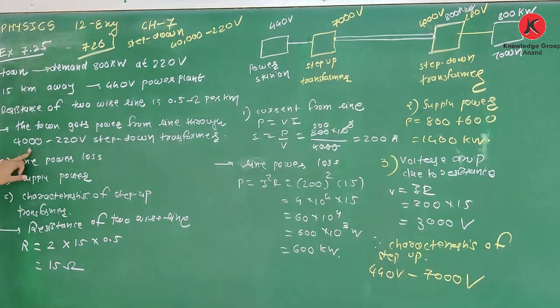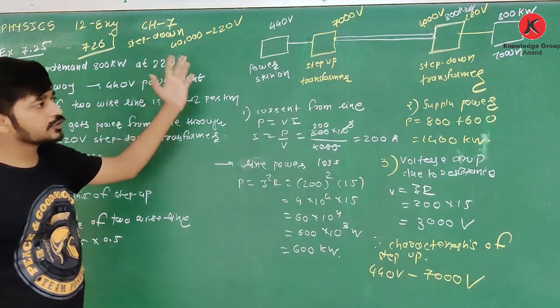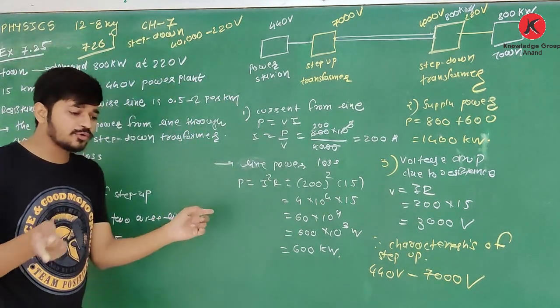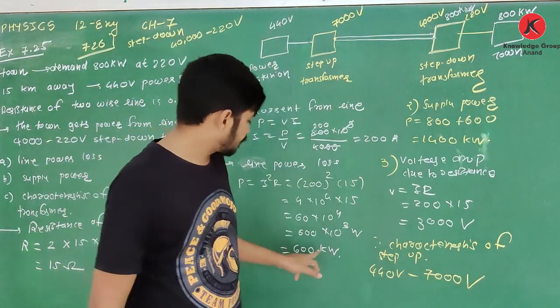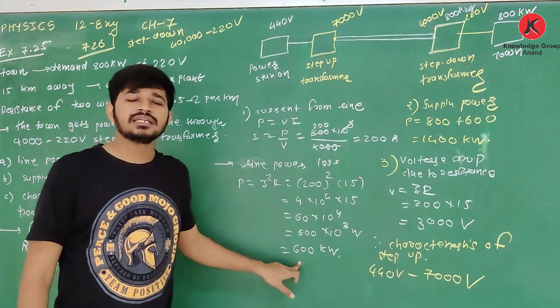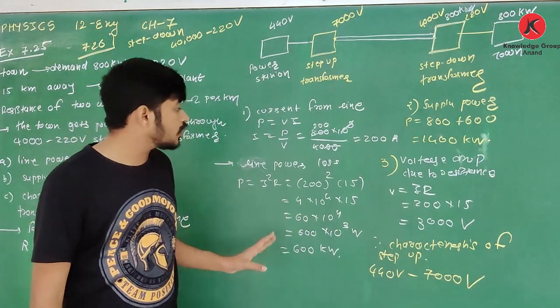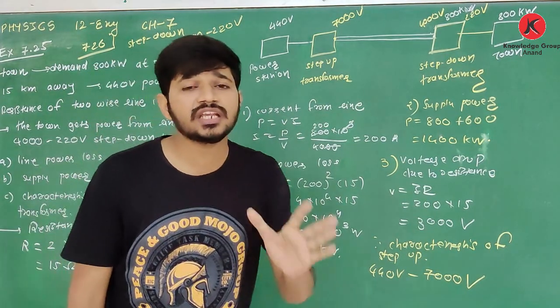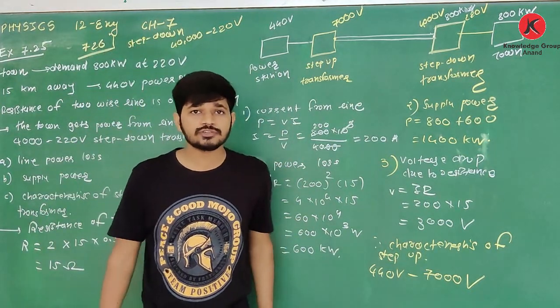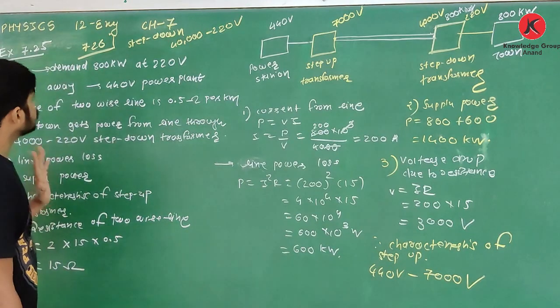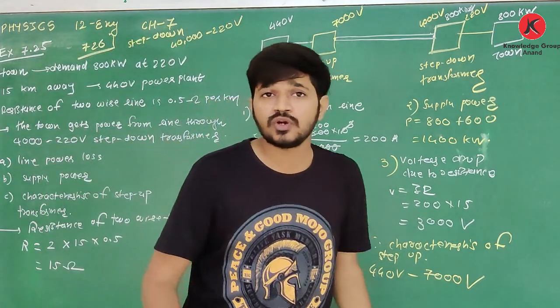This 4000 is replaced by 40,000, which means a high voltage line. Then you have to calculate all this data again and compare the answers. You will get a smaller answer, because power loss in the line can be decreased at high voltage. Clear about this? So these are the last two questions from chapter number 7. For today, this is it.